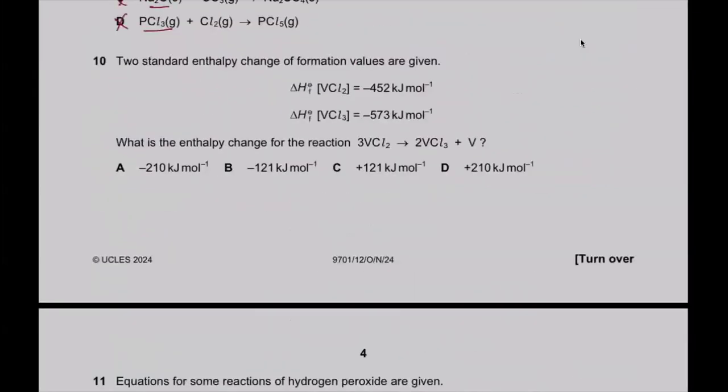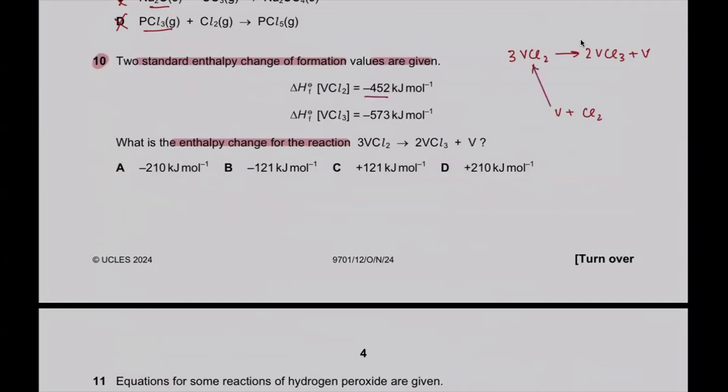Now, MCQ number 10. Two standard enthalpy changes of formation values are given. What is the enthalpy change of a reaction? Okay, of this one. So you can make the Hess cycle quickly and do it. 3 VCl2 turning into 2 VCl3 plus V. As the formation are given, we are going to put the elements over here, and these elements are forming 3 moles of VCl2.